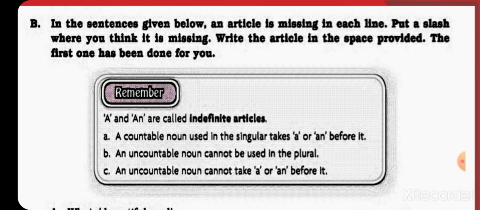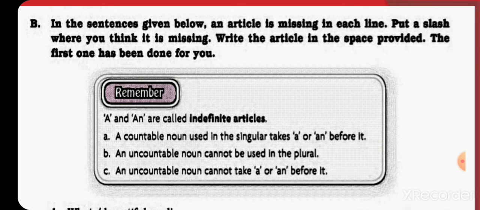Yes, student, first of all, let's see what a slash is. Slash is a sign, beta, where a word is missing. We have to put a slash and write down the word which should come there. Like, for example, Ram is a boy. It's a complete sentence. If we say Ram a boy, full stop, is it correct?